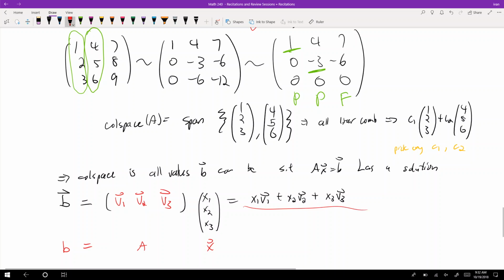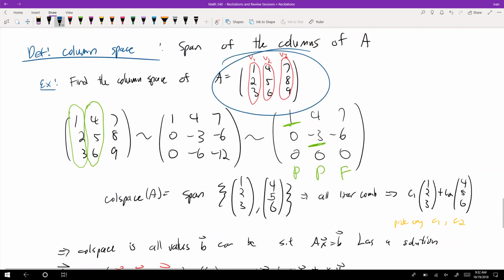So you can think of this as C1 v1 plus C2 v2 plus C3 v3, because they're all just constants, all just scalars. And now we can see, hey, look, this is really C1 times 1, 2, 3 plus C2 times 4, 5, 6 plus C3 times 7, 8, 9, because that's what I called V1, V2, V3.